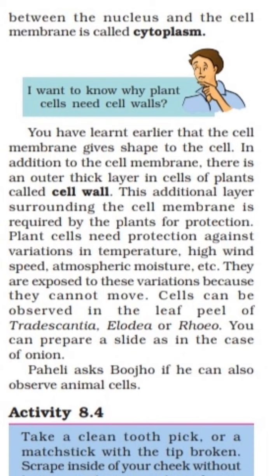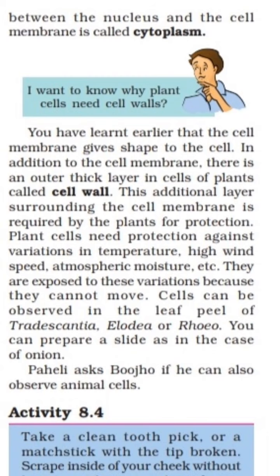Suppose they want to protect themselves, they can move from one place to another. Plants cannot move from one place to another. For that purpose, the additional layer provided to the cell membrane is called a cell wall.